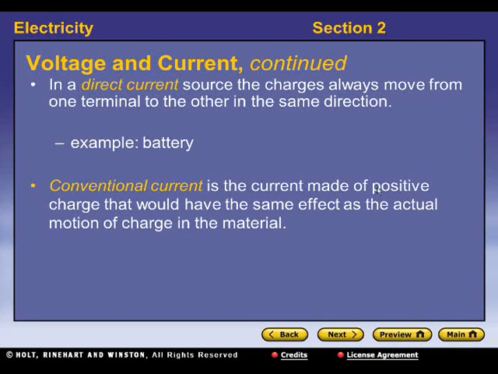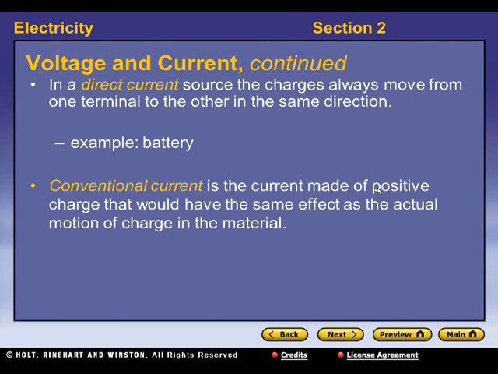Now you have conventional current, which is current made of positive charges. We actually know that electrons flow from the negative terminal to the positive terminal, but conventionally, or basically in tradition, is that the flow of positive charges is what constitutes conventional current, which would be positive charges going from the positive terminal to the negative terminal.